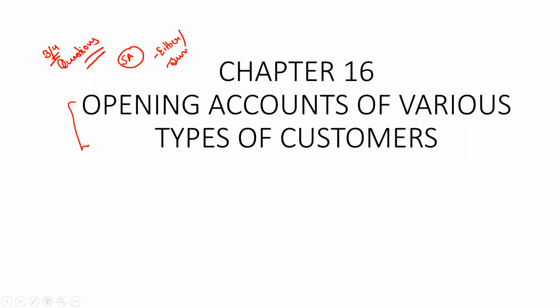Or an HUF account. There are many different things in this topic which are very important from the examination point of view. So let's start our discussion, and I will try to cover at least 2 to 3 important points in this session.